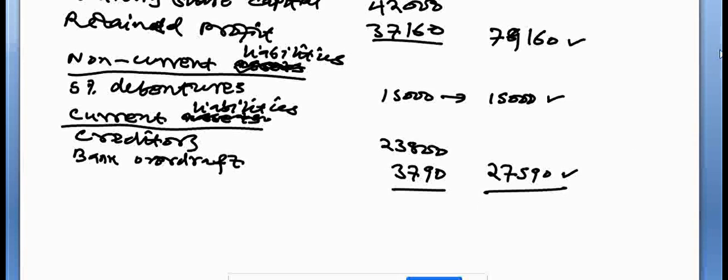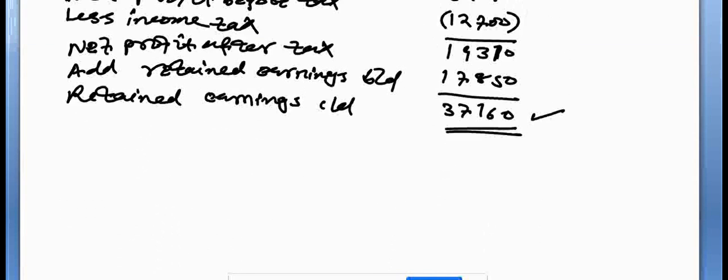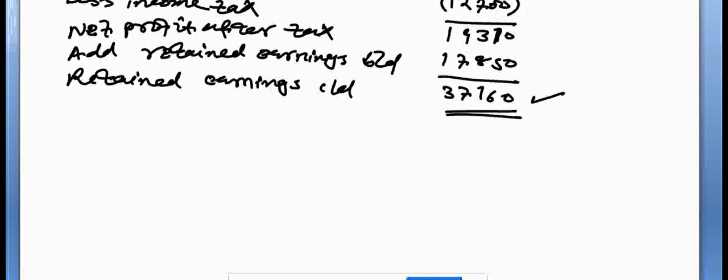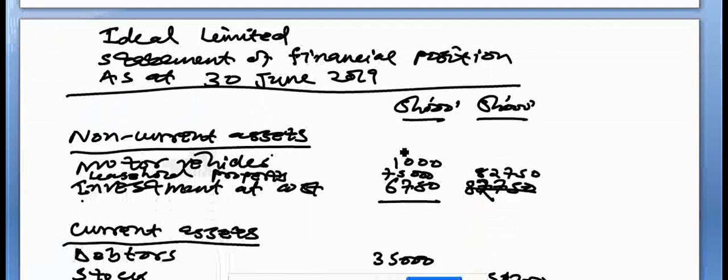Okay, 82,750 kwa non-current assets imekuja from, tuko na three items: motor vehicles, leasehold property na investment at cost. Nilikuja nikaongeza leasehold property ya 75k.